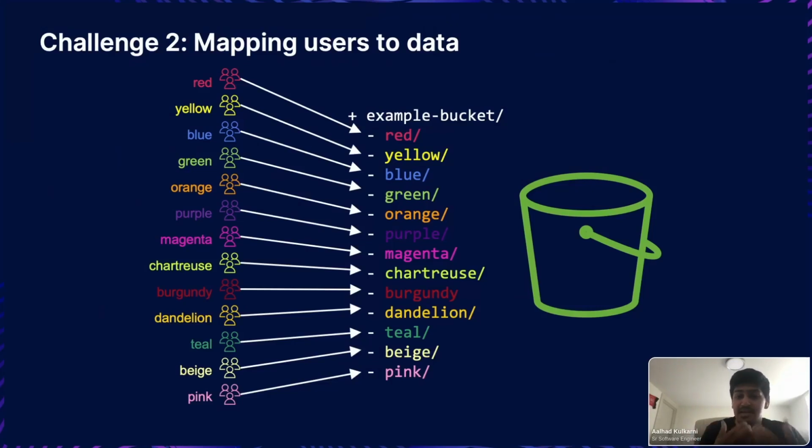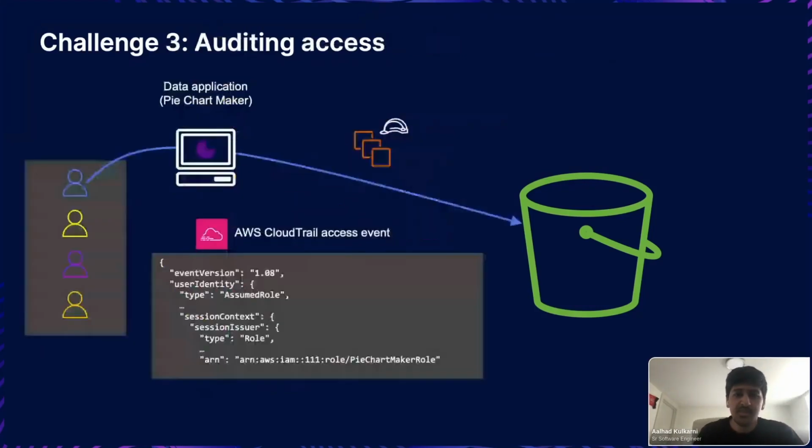I need access to an application, let's say, that talks to an S3 bucket, but I have to map that to an IAM role inside AWS that has access to the S3 bucket. So the more users you have, the more groups you have to have the same kind of mapping in AWS for S3 to be able to understand and give you access. Most of the time you don't really want to do that. So that's challenge number two.